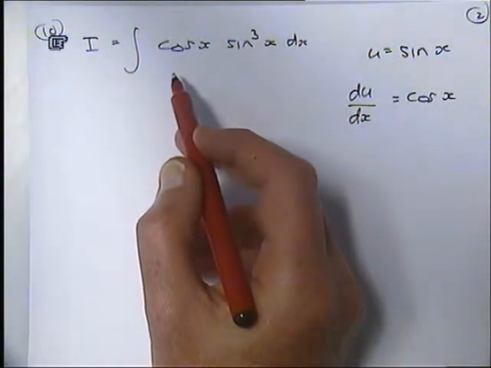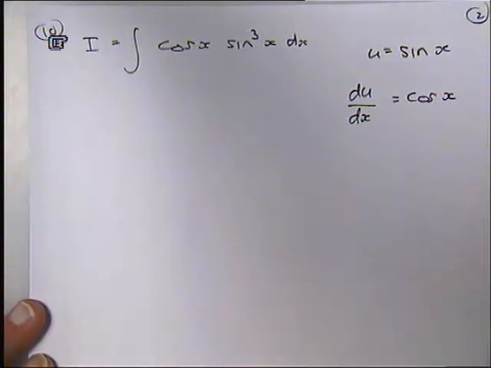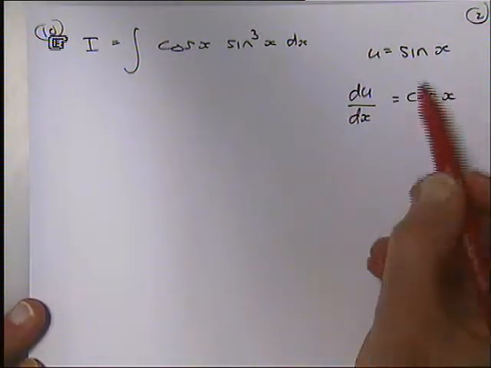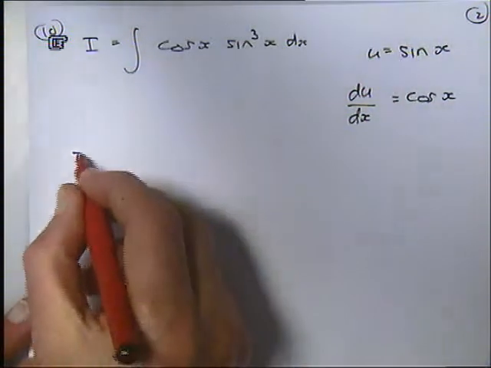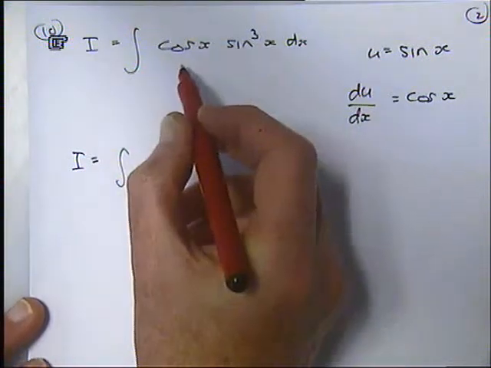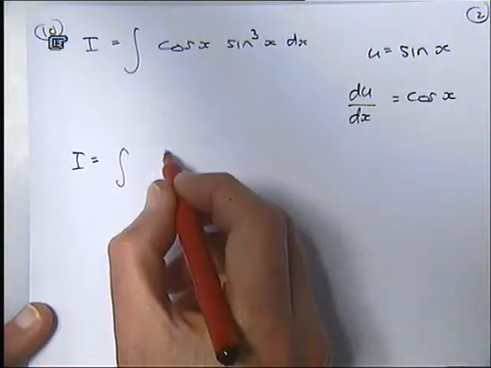And that often happens with these trig things. If you spot that, then there's no need to do the normal stuff about writing it as x equals, which will again give you inverse sine and just gets nasty. So we'll go straight now to rewriting our question. It's the integral of cos x, but cos x I can replace with du dx.